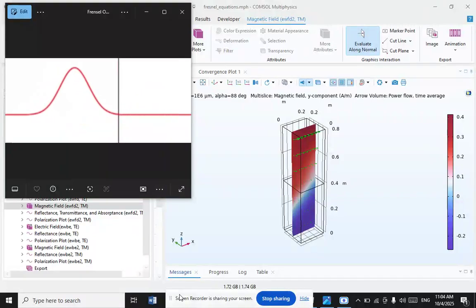And what the equations do. The first one is quantify reflection and transmission. They provide reflection and transmission coefficients, which are the ratios of reflected and transmitted wave amplitudes to the incident wave amplitude. The next one is explain polarization effects.